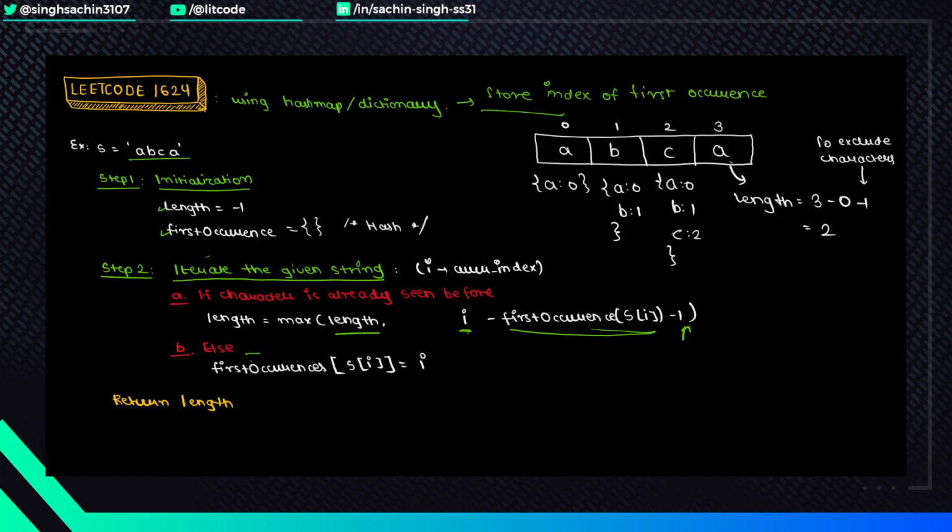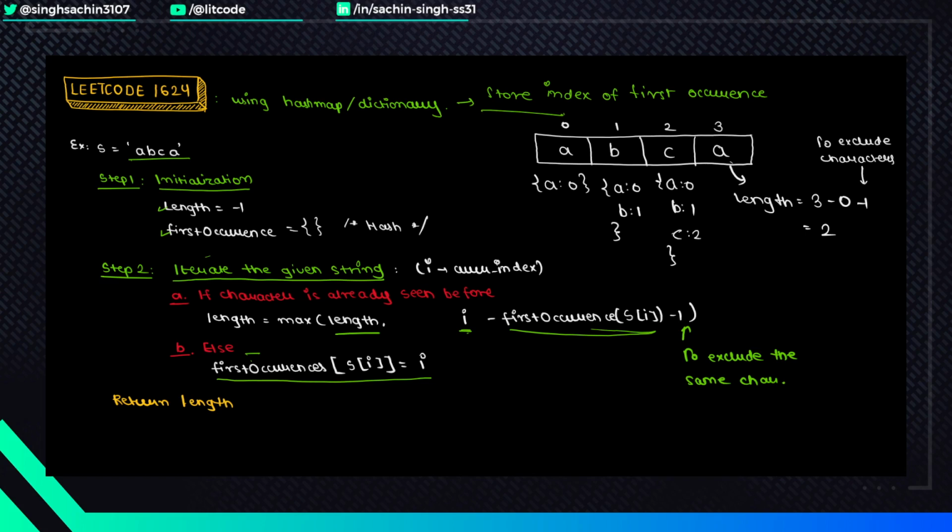We are doing this -1 to exclude the same characters. And if we have not seen the character yet, we'll create a new entry for it, simply with the current index. Here, i is the current index in this context, and at the end we'll simply return the value in length.